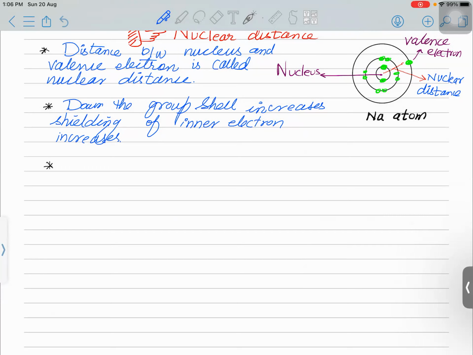As the nuclear distance increases, meaning the distance between the nucleus and the valence shell, the nuclear attraction decreases. If the nuclear distance increases and nuclear attraction decreases, less energy is required to remove the electron. Hence, ionization energy decreases. As you all know, ionization energy means the energy required to remove an electron from the valence shell.